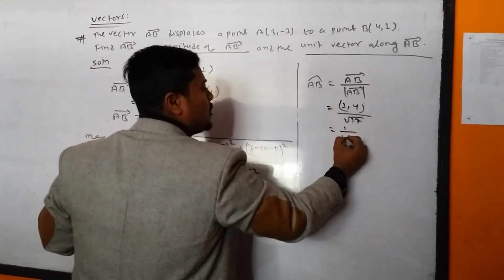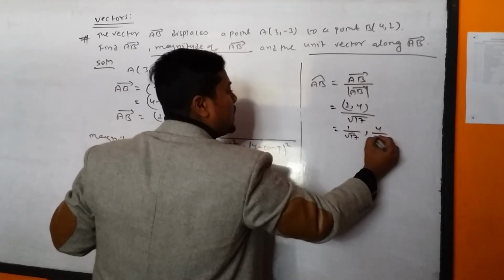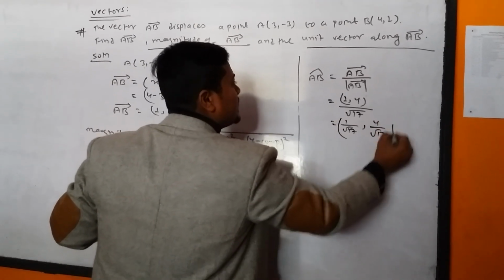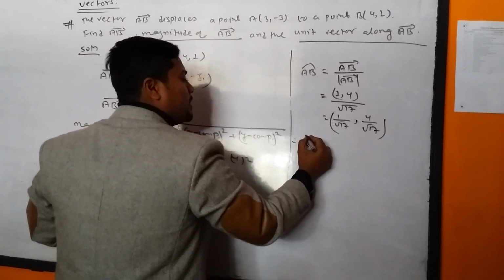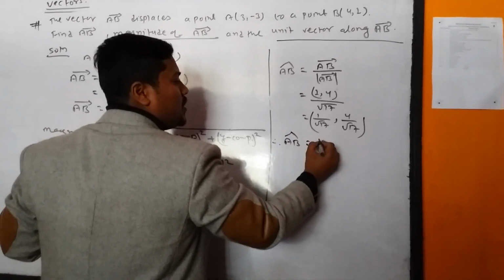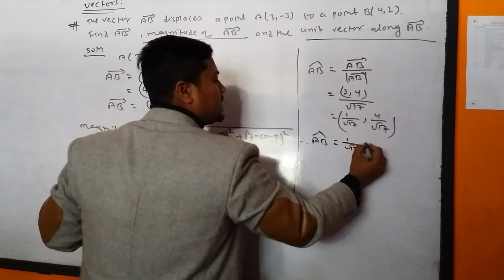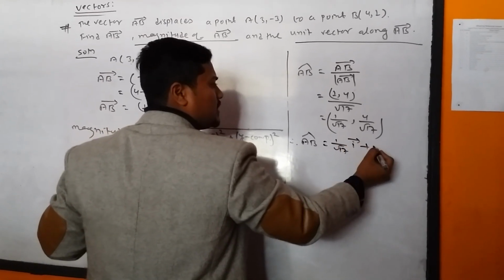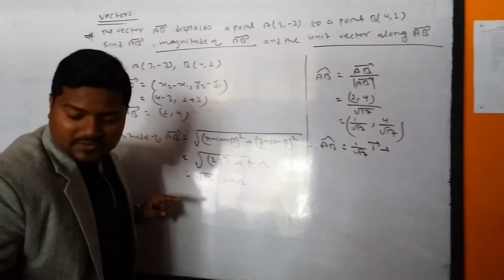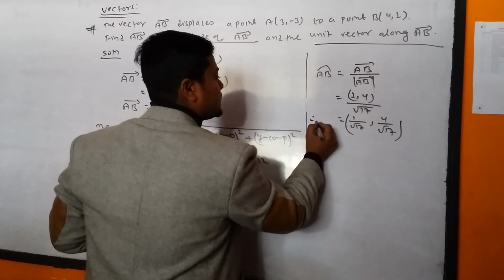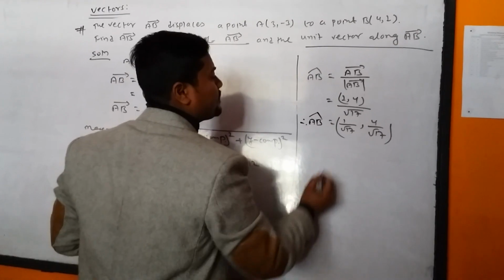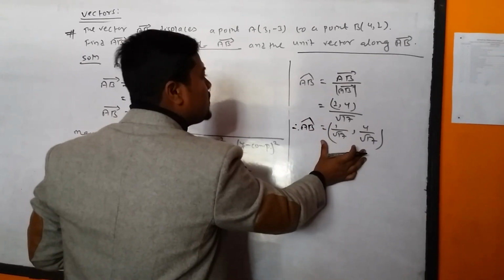So 1 by root under 17, 4 by root under 17. You can also write it in i j form: the unit vector along AB is 1 by root under 17 i vector plus 4 by root under 17 j vector. If you don't want to, you can simply leave it. This is the unit vector along AB.